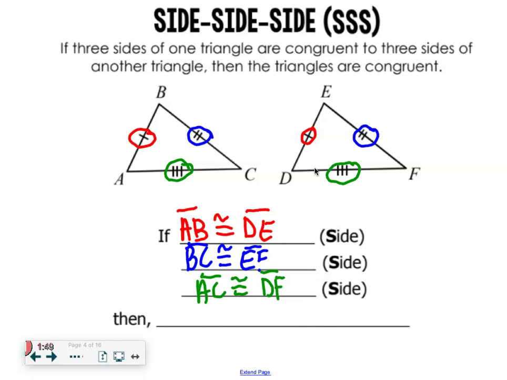So again, since we have 3 pairs of congruent sides, we can say that triangle ABC is congruent to triangle, what matches A? DEF. Yep. Perfect. So side, side, side.